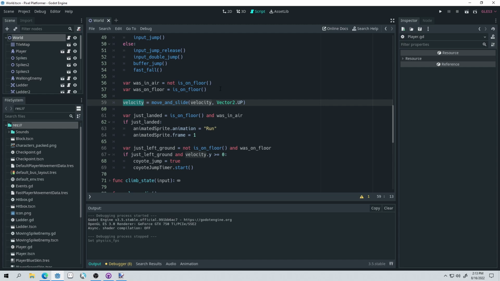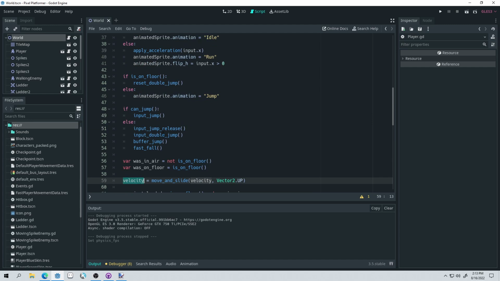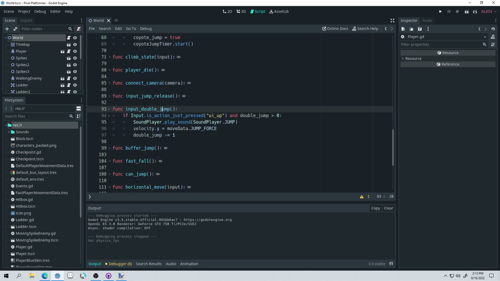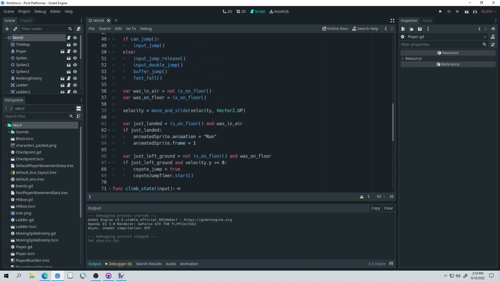An example of that would be our double jump or our jump. You don't actually need to apply delta to our jump force here, because we're setting our velocity right here to a constant. This y is not going to be changing over time in this case. It's just going to be set to a specific amount. So we don't need to apply it there.